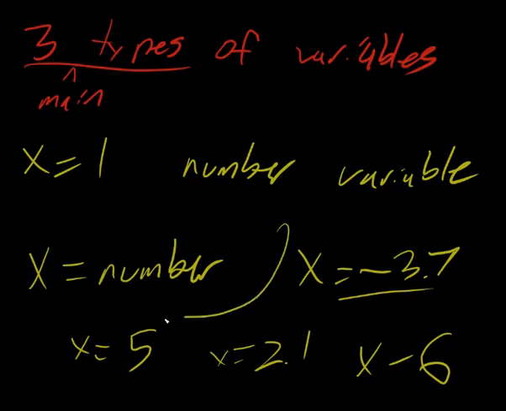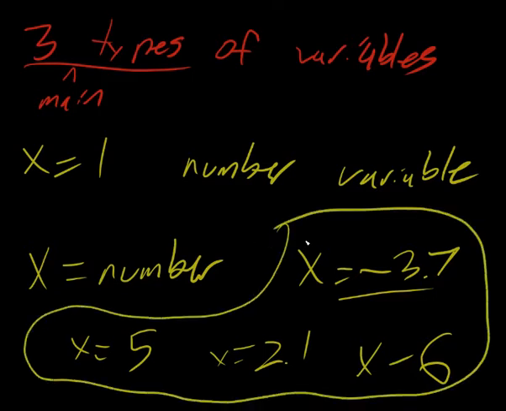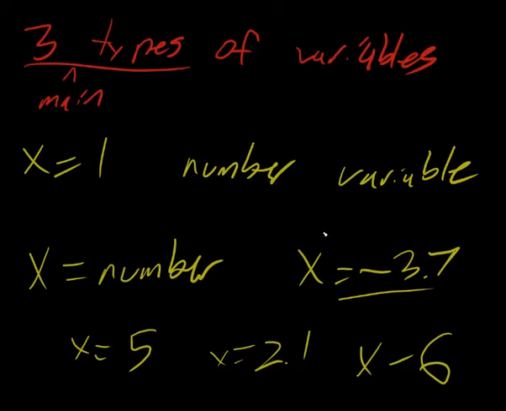This is everything that x can be equal to. The three main types of number variables: negative, positive, and decimals. And you can use pretty much all of the combinations. Obviously can't be negative and positive at the same time, unless like it's a quantum computer, I don't know. But yeah, that's basically what a number variable is.